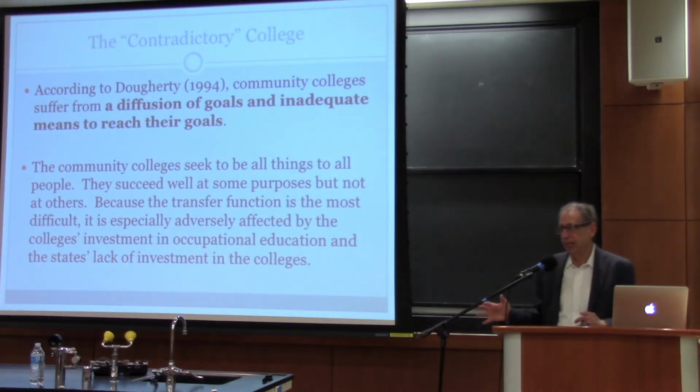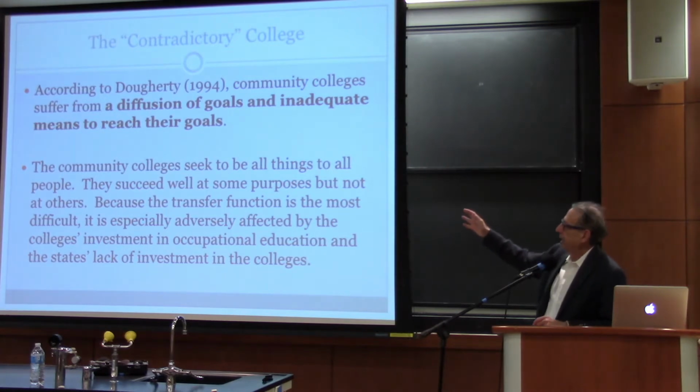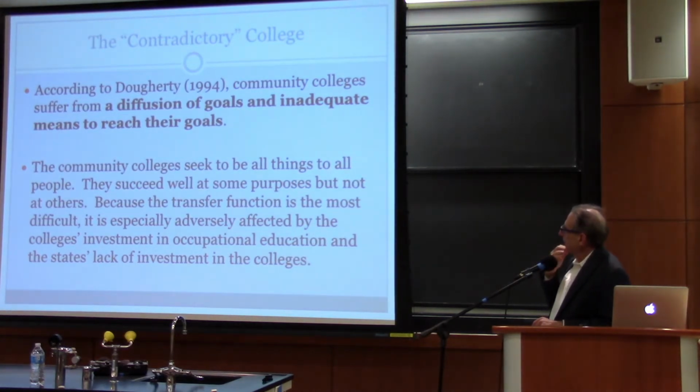I'm going to quote here Kevin Doherty, who wrote a book in 1994 called The Contradictory College. He says, the community college suffers from a diffusion of goals and inadequate means to reach the goals. They seek to be all things to all people. They succeed well at some purposes, but not at others.